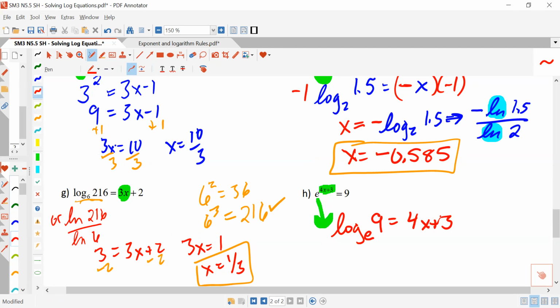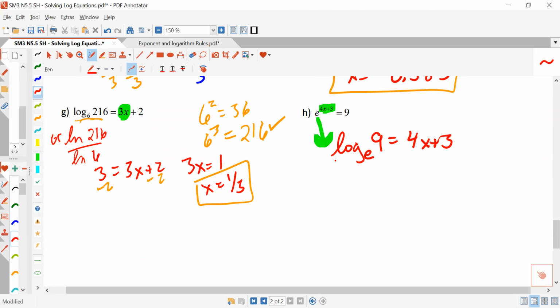Then essentially I just continue on and solve that. Subtracting the 3, 4x equals negative 3 plus ln of 9, and I'm going to change it to ln instead of log base e. Then divide the whole thing by 4.